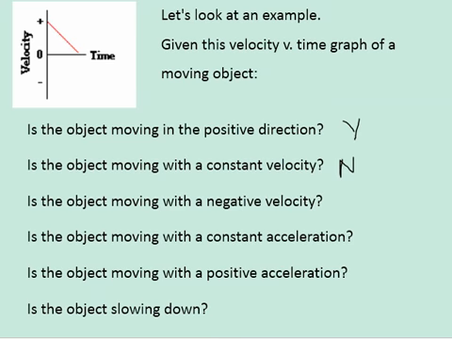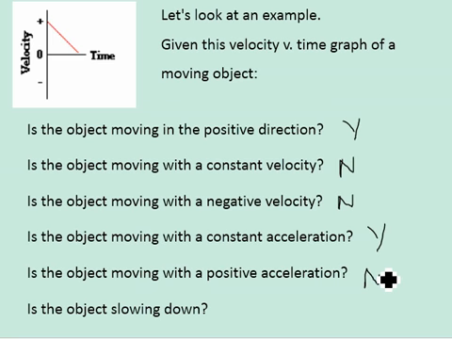Is the object moving with negative velocity? No. In order to move with negative velocity, it has to be in this range of the graph. Is the object moving with constant acceleration? Yes, because it's changing its velocity at a constant rate. That's what the straight line indicates. Is the object moving with positive acceleration?